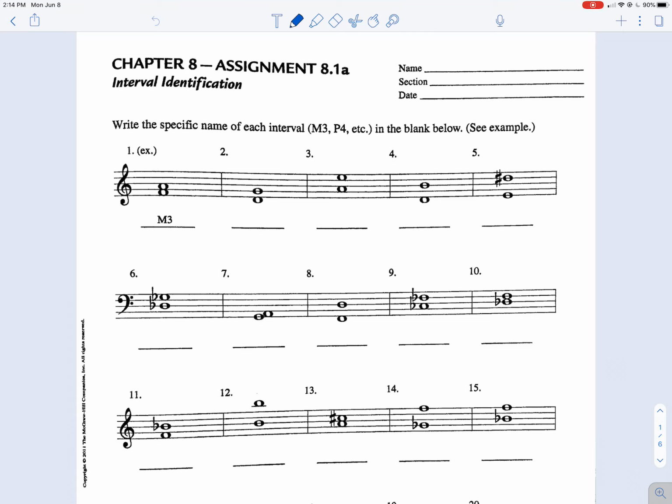Here we are in chapter 8, where we are looking at intervals. Especially with this particular chapter, if you have not yet gone through the lecture materials or attended a live lecture, I strongly encourage you to do that before you begin this section, because there's a really specific way that I like to suggest that people approach these assignments, this interval identification.